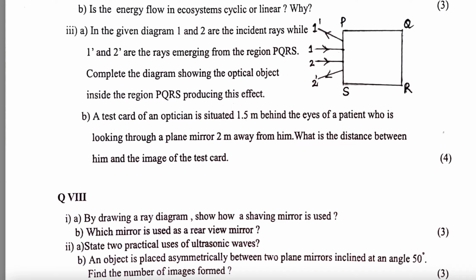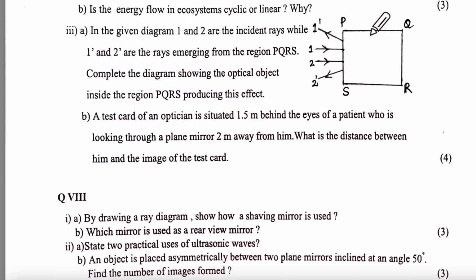Okay, let us come to the diagram. 1 and 2 are incident rays, PQRS. Complete the diagram showing the optical object inside which is producing this effect.